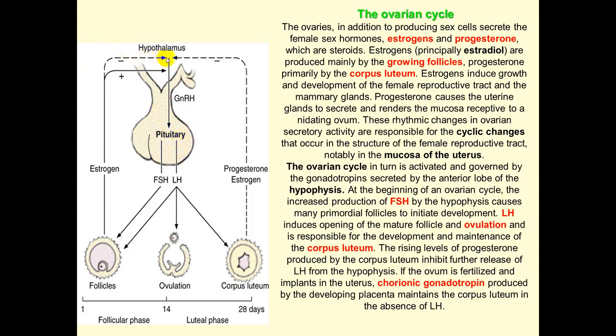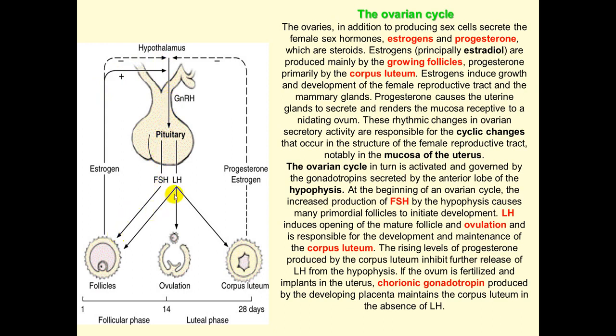So gonadotropin releasing hormone stimulates the gonadotroph cells, basophilic cells of the anterior pituitary, which produce follicle stimulating hormone. You can see follicle stimulating hormone stimulates folliculogenesis, and follicular cells, granulosa cells, produce estrogens, which also, according to the feedback mechanism, influence the hypothalamus, on the way of stimulating hormones of the hypothalamus.